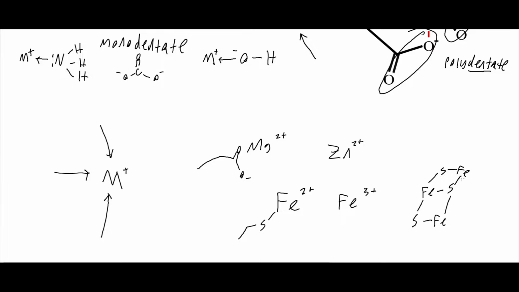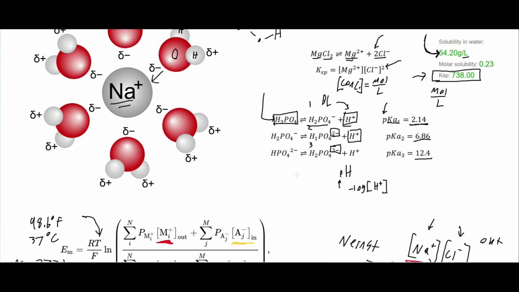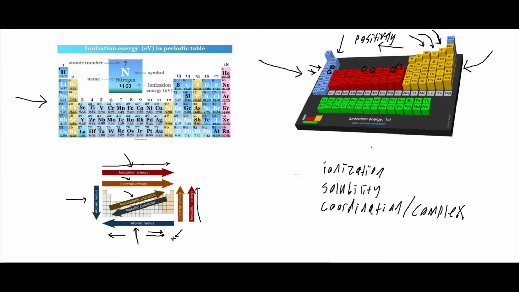I'm not going to draw the whole thing, but these are iron and sulfur compounds like this. But anyway, this is all just a little bit of stuff about some of the minerals, some of the electrolytes and things like that we will be encountering in our biochemistry. And like I said, we've already encountered a lot of this stuff.